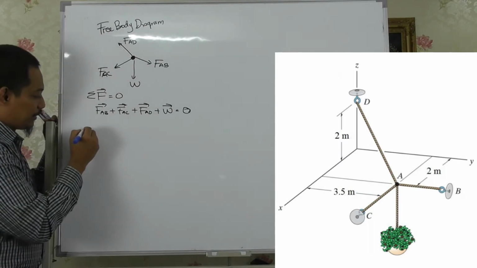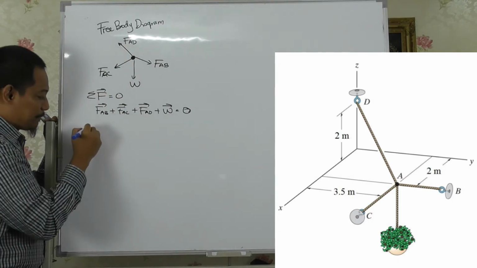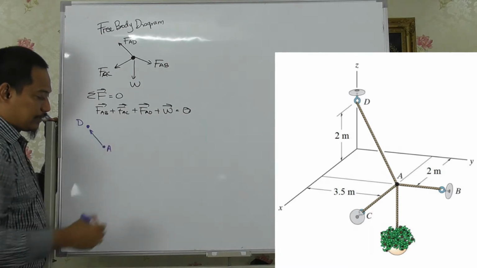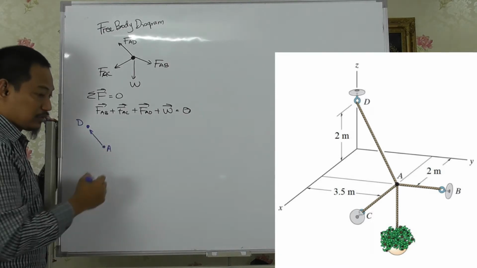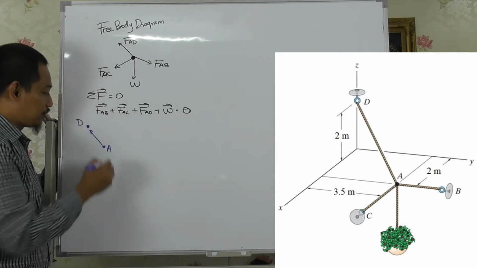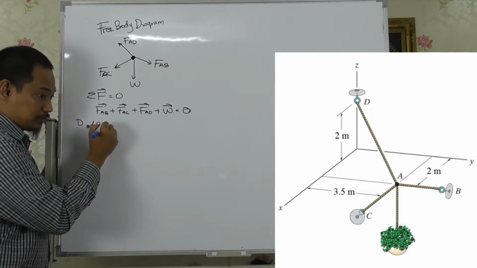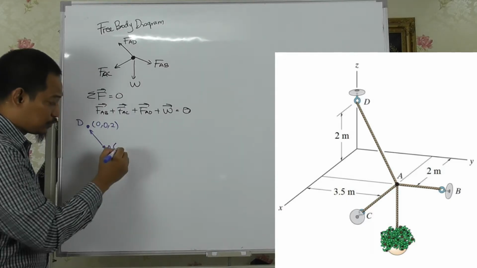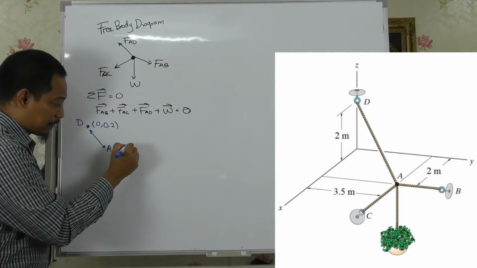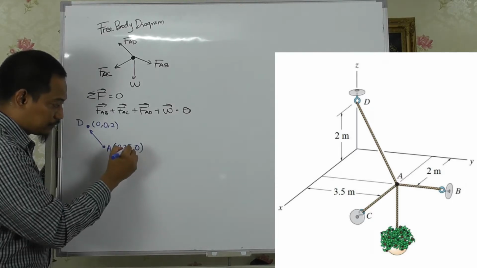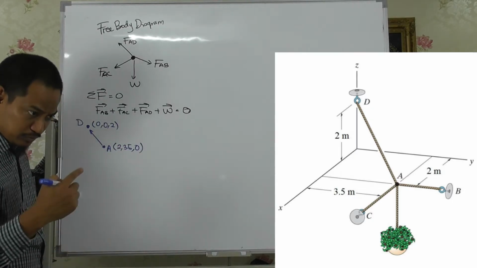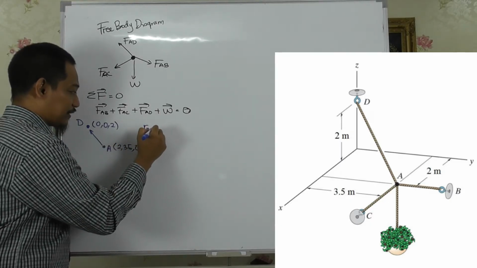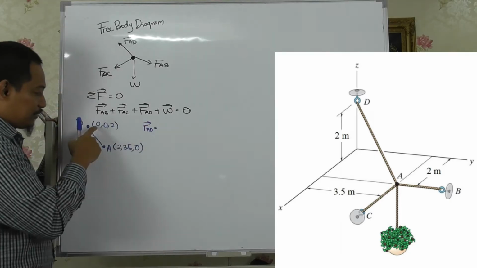So if we consider point A to D, we have point D here, point A here, and then in that direction. The coordinate of D is 0, 0, 2, and the coordinate of A is 2, 3.5, 0, right? So the position vector RAD will be this minus this one, right?